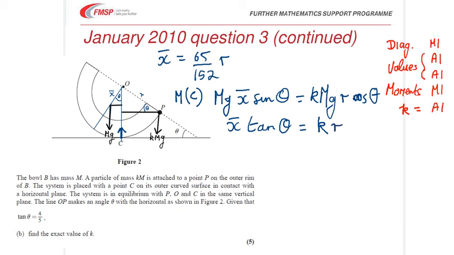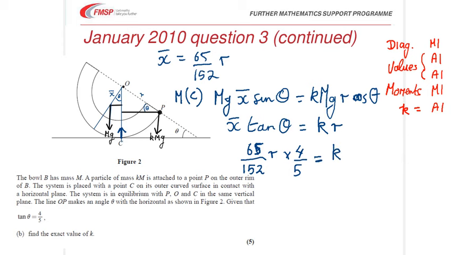X bar is 65 over 152 r, so that goes in there. 65 over 152 r times tan theta, and tan theta is 4/5, equals kr.